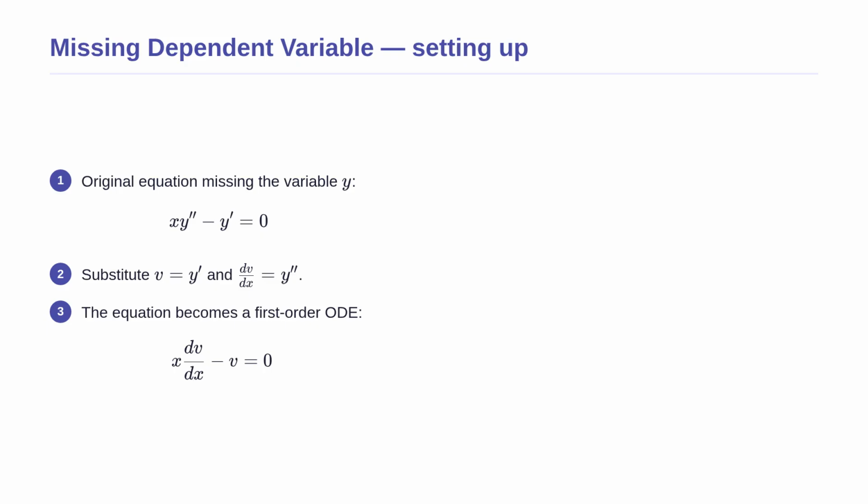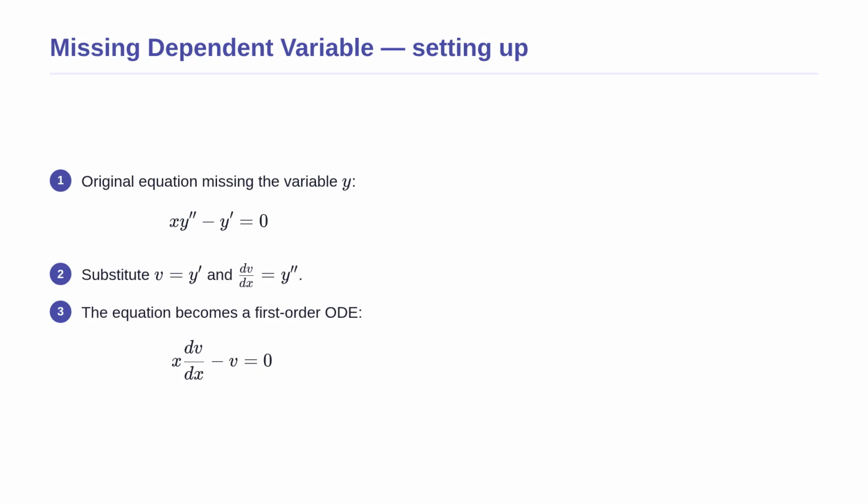Before we move on, let us see this with a concrete example. We are given the equation x times y double prime minus y prime equals 0. We are asked to find the general solution. First, we inspect the equation and clearly see that the dependent variable y itself is completely absent. Because y is missing, this perfectly fits our first case.